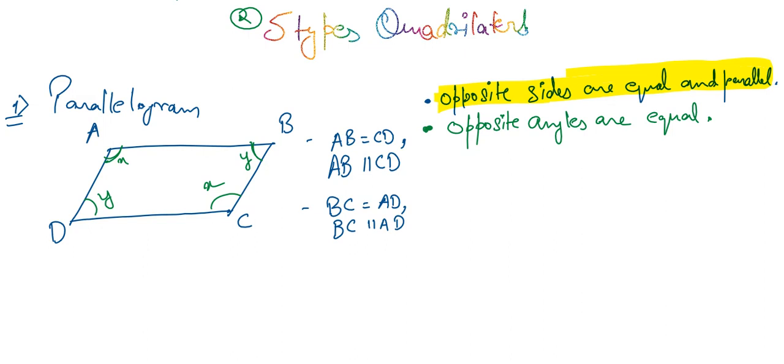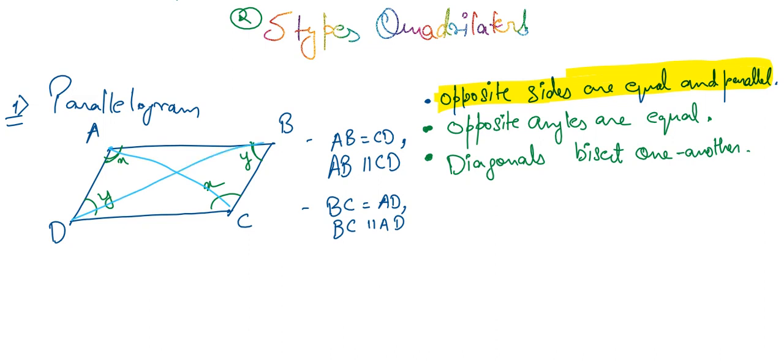Another property is that the diagonals bisect one another. If I draw the diagonals, joining opposite vertices, say AC and BD, they would bisect one another.